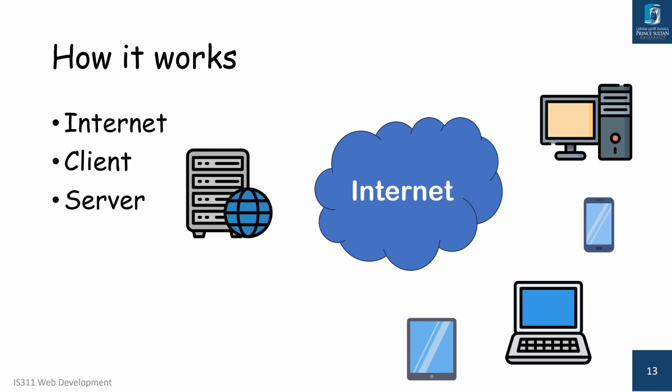Now, if one of the clients wants to communicate with this server, what does it need to do? Remember we said TCP and IP? Handshake. Anyone else? So let's start with the first one.